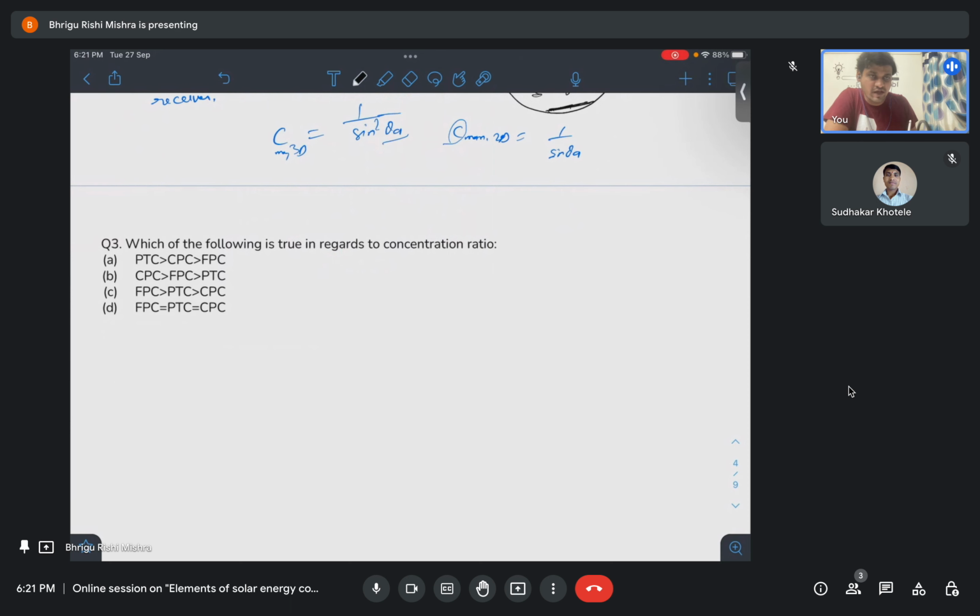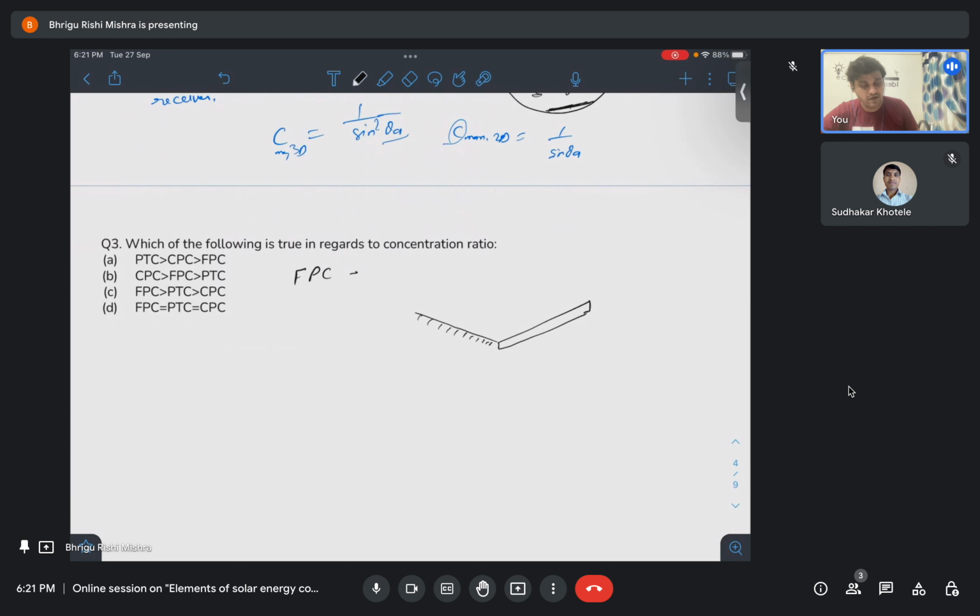So FPC we have already discussed in previous lectures, but here FPC is a flat plate collector with the concentrator. So suppose this is my FPC, and then I have a mirror here.